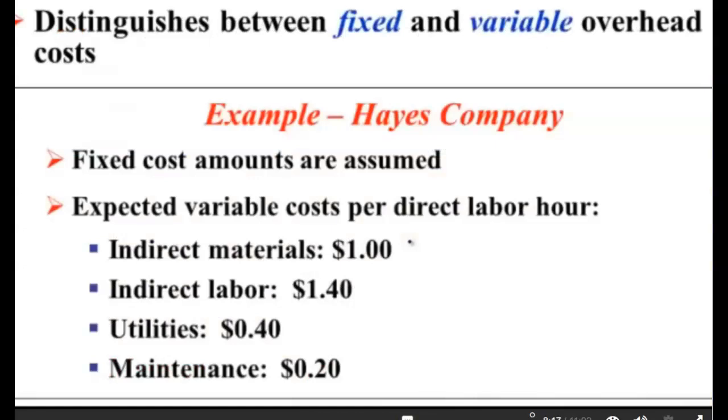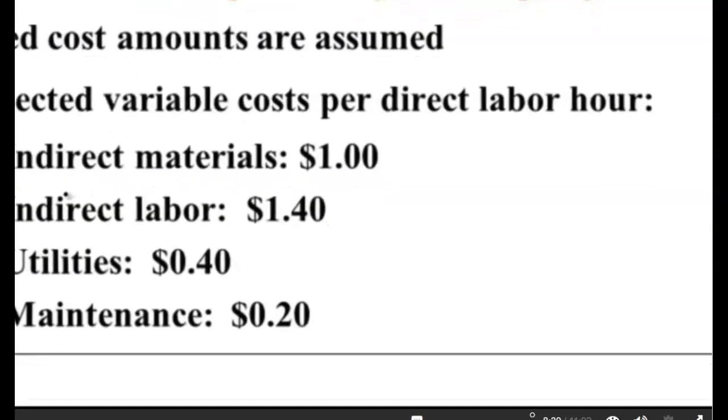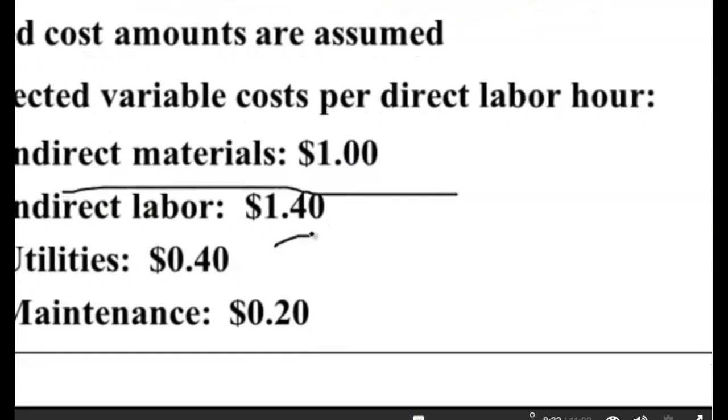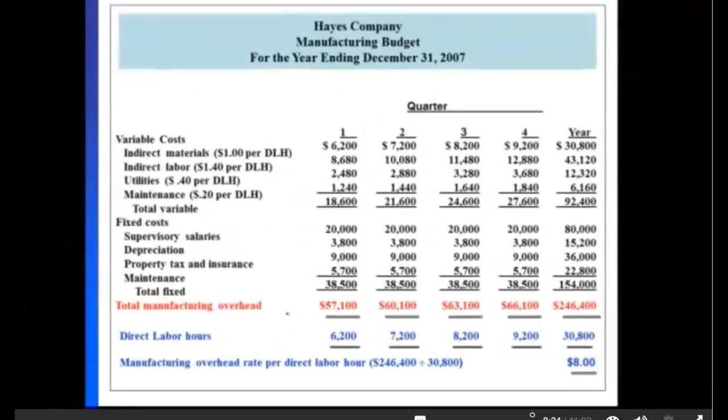The overhead budgets, now we have to deal with fixed and variable costs. The fixed costs are going to remain the same within a certain relevant range. We have to look at the variable cost per direct labor hour. Direct labor hours are 6,200 in the first quarter.